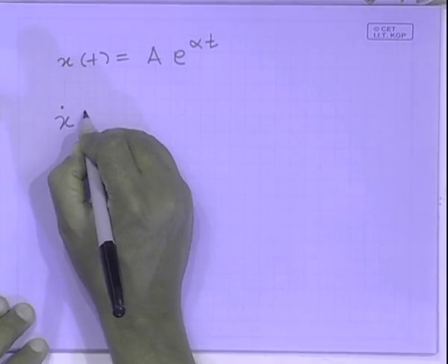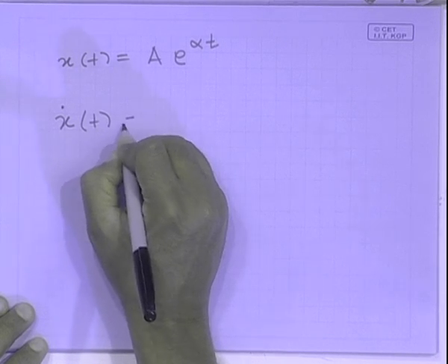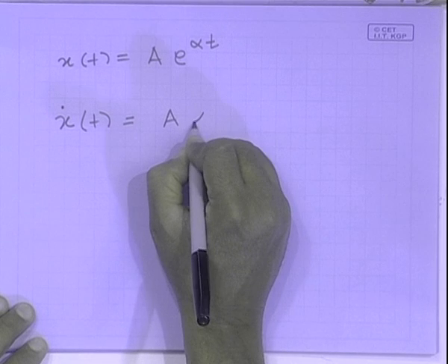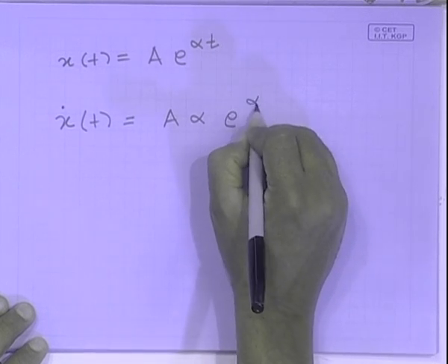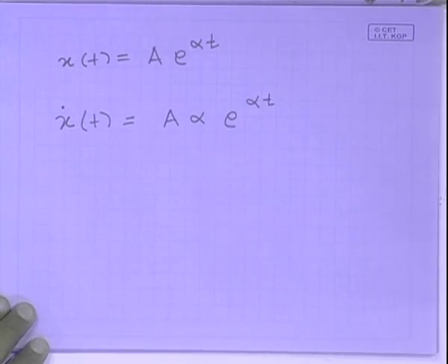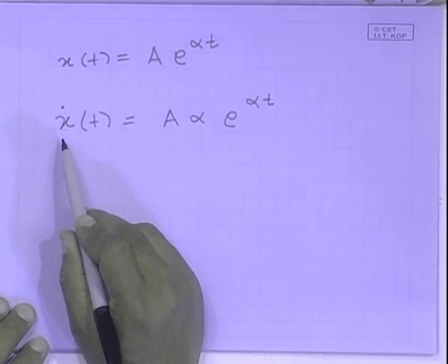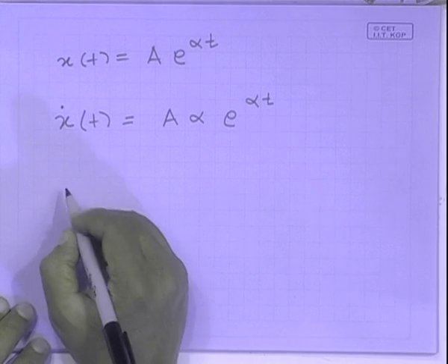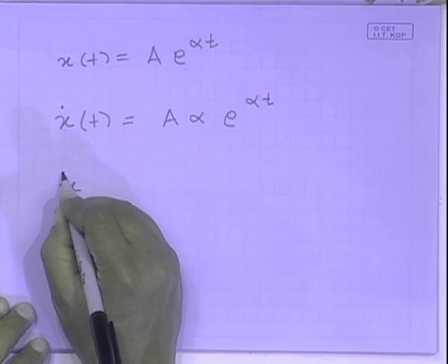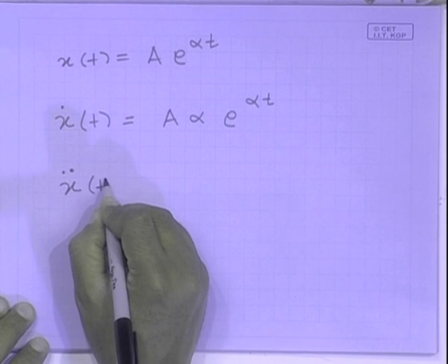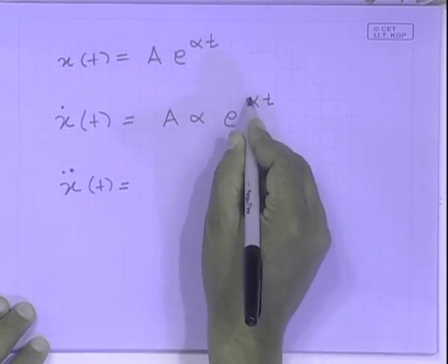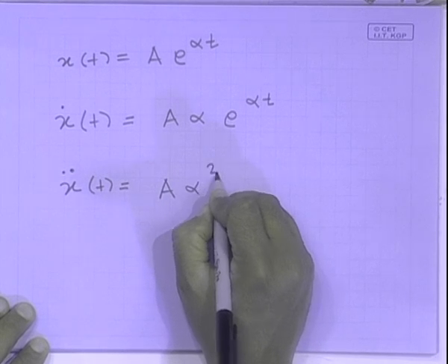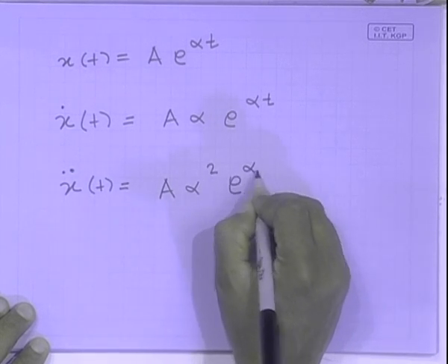If you differentiate this function once with respect to time, you have A alpha e to the power alpha t. Differentiating with time essentially pulls down a factor of alpha. If you differentiate this twice, you will get one more factor of alpha, and what you have is A alpha square e to the power alpha t.